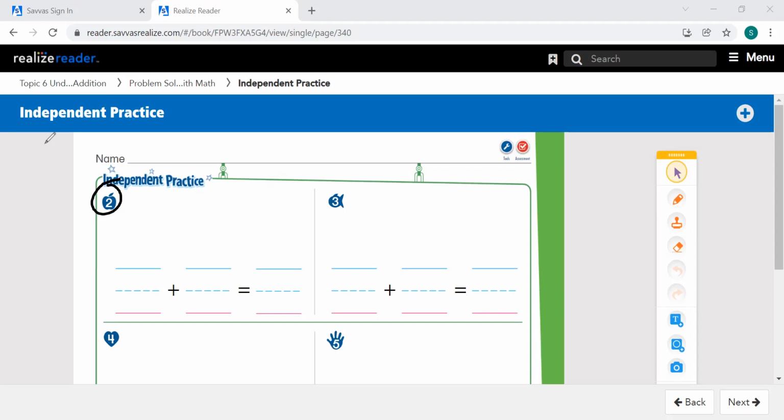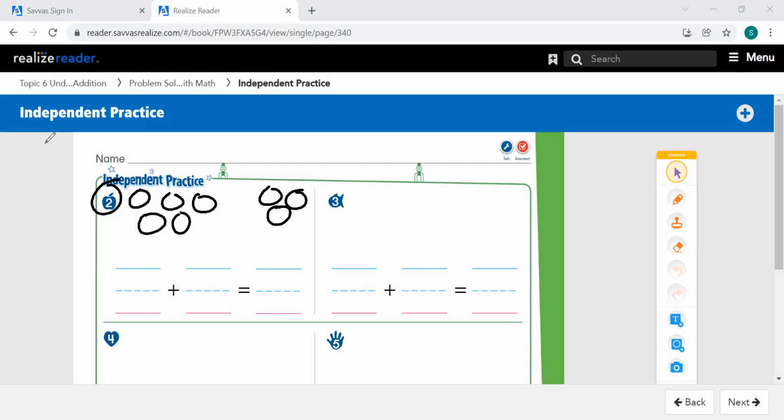So let's first draw our picture. How many stones does Julie see in the first pail? 5. So we are going to draw 1, 2, 3, 4, 5 stones. And in the second pail, how many stones did she see? 3. So let's draw a group of 3. 1, 2, 3.